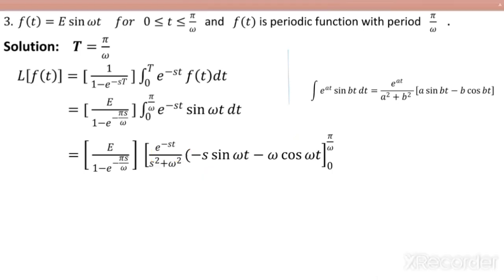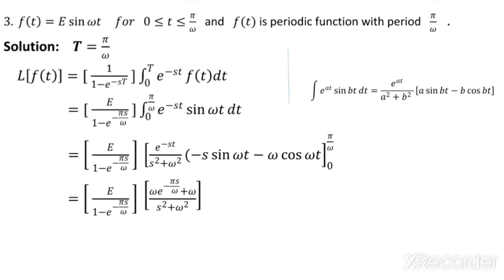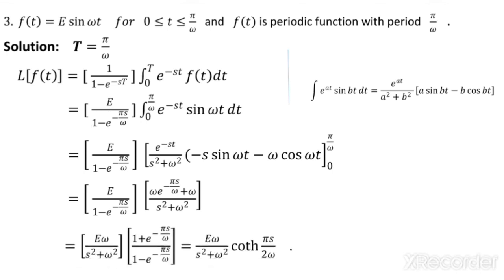So the next step gives e by 1 minus exponential minus pi s by omega into omega e power minus pi s by omega plus omega by s square plus omega square. Or we can take omega constant out: e omega by s square plus omega square into 1 plus e power minus pi s by omega by 1 minus e power minus pi s by omega.